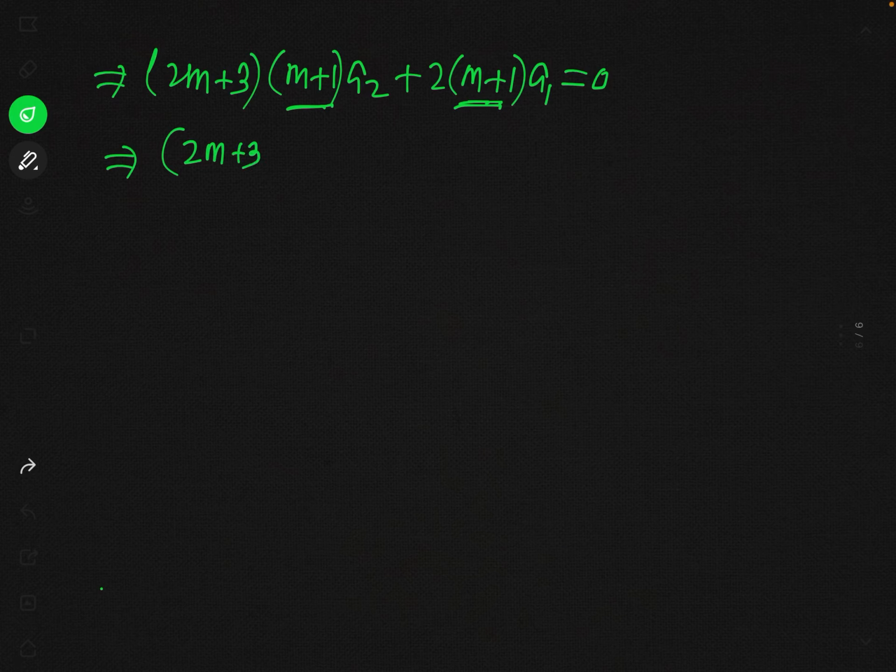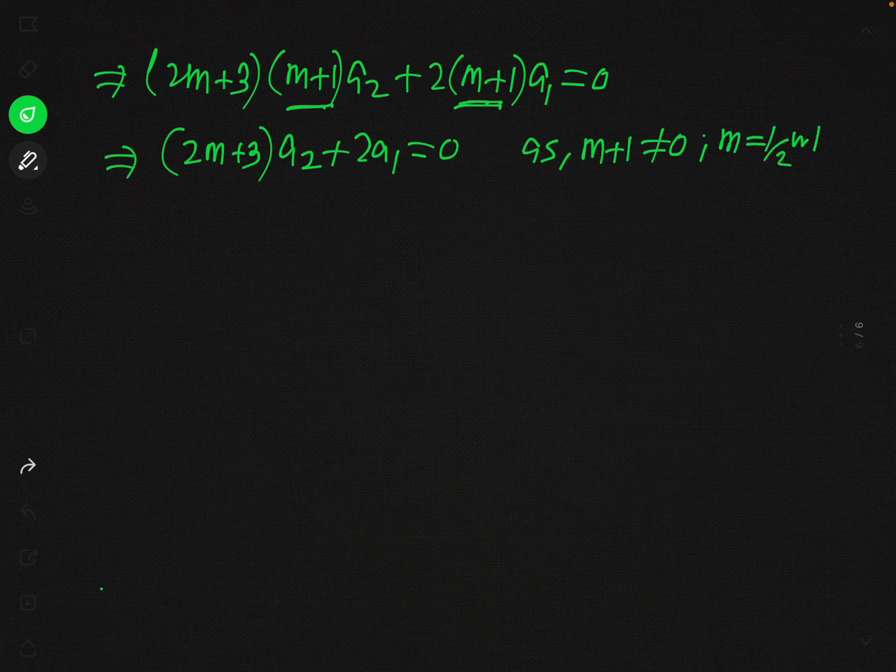This will be simply 2m plus 3 into a2 plus 2a1, and that will be equal to 0. Why? Because I have told you that m plus 1, which is a common factor, is not equal to 0, because you have seen that m is either 1 by 2 or 1.